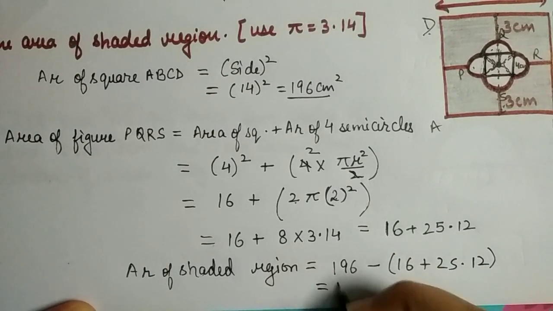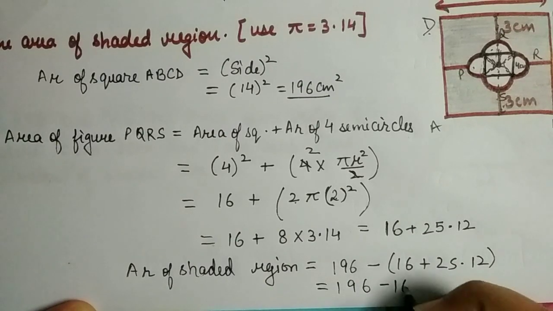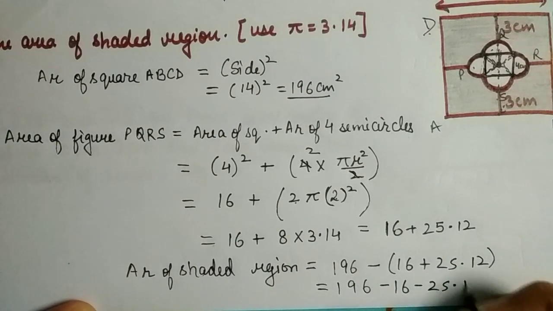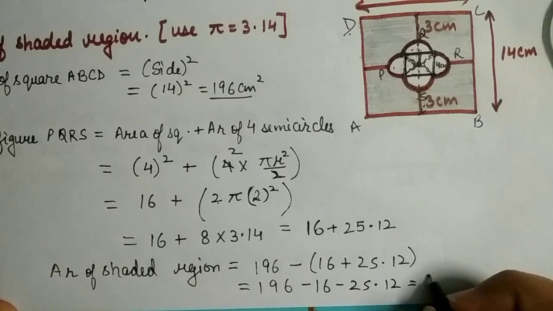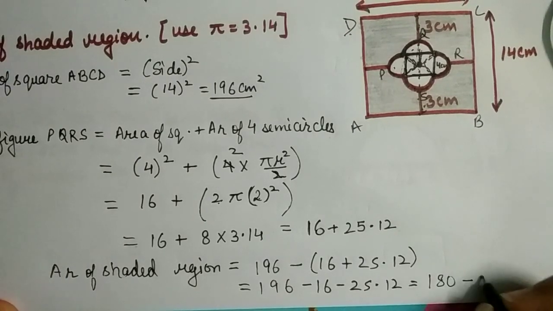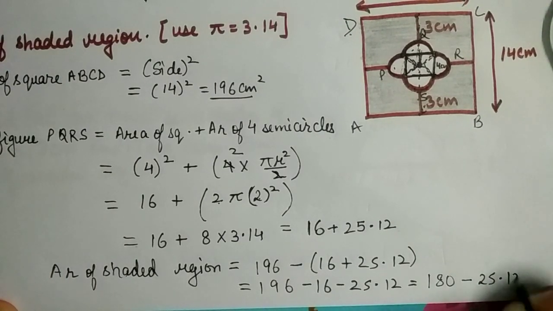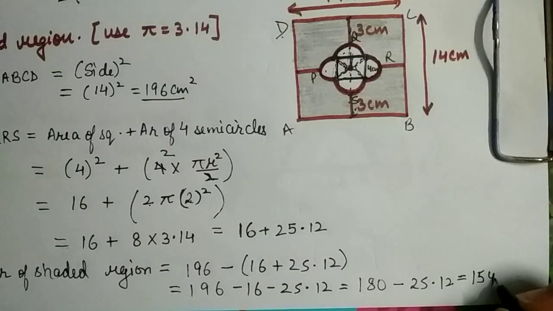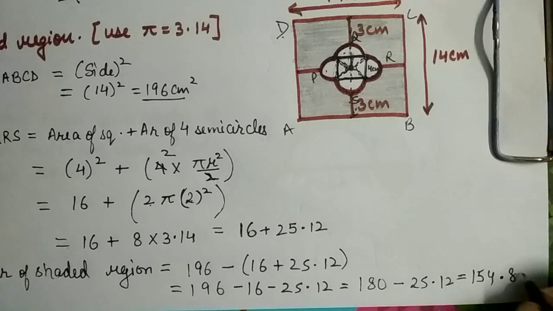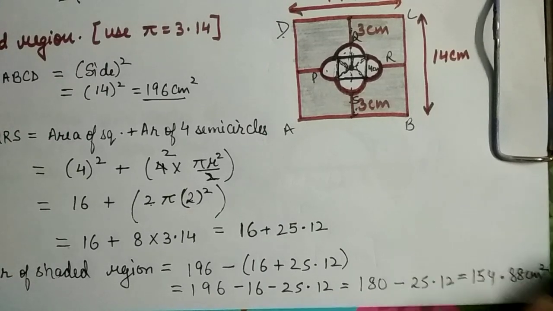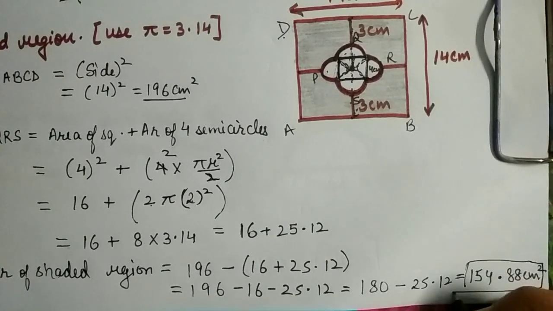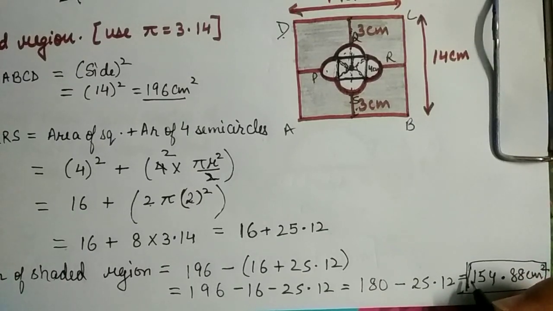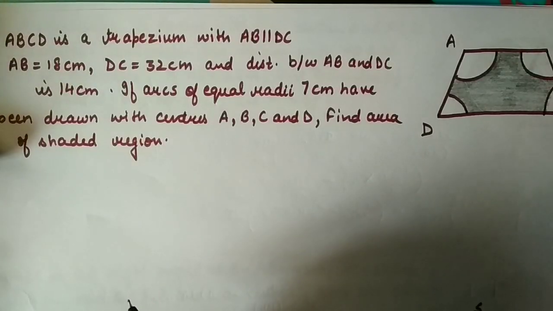So it is 196 minus 16 minus 25.12, that is 180 minus 25.12, and that is 154.88 centimeters square. So this is your answer. Now let's see the fourth question.